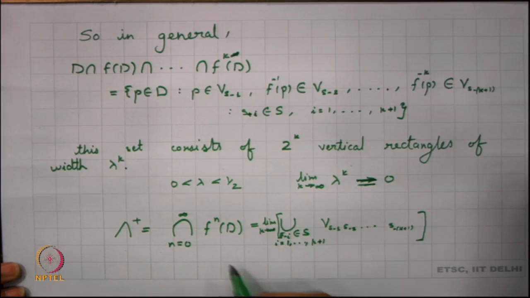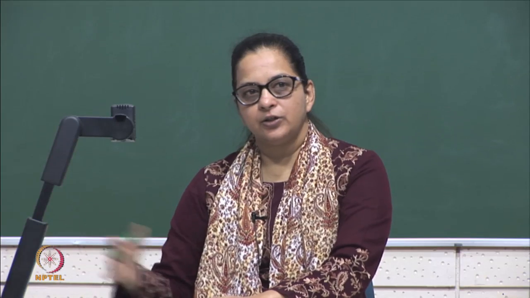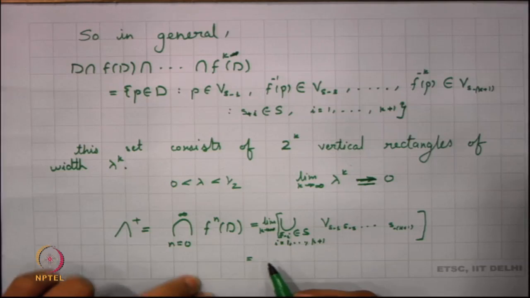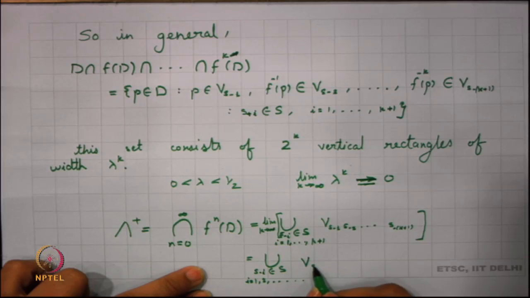If I look into this limit, what we obtain is vertical lines, because the rectangles no longer exist as the width tends to 0. So, we get vertical lines here, and this would be the union over all S minus i belonging to S, where i varies from 1 to infinity, of V S minus 1, S minus 2, up to S minus k and so on.